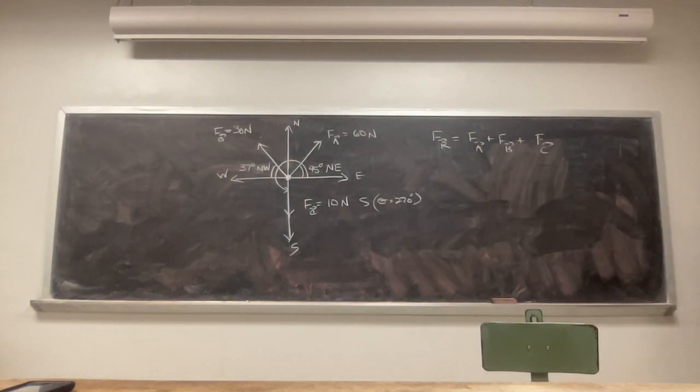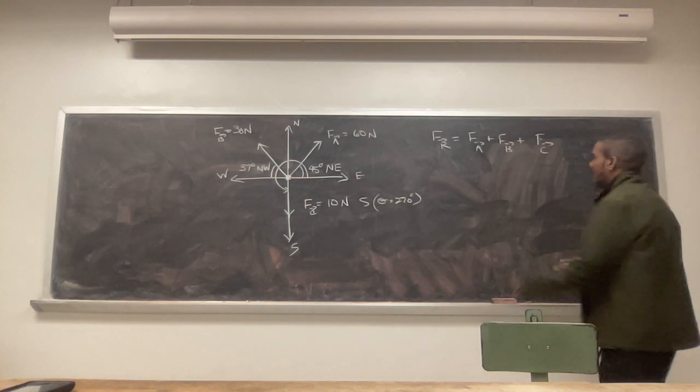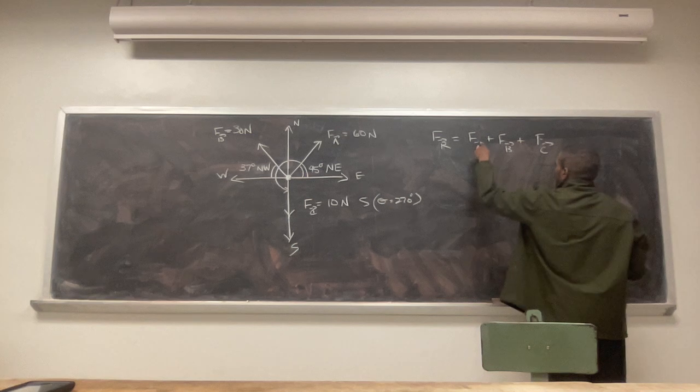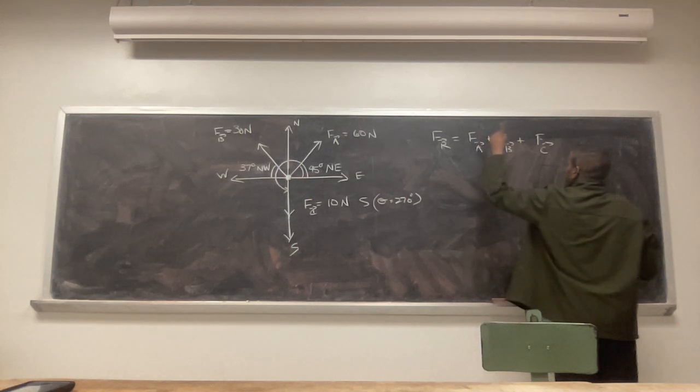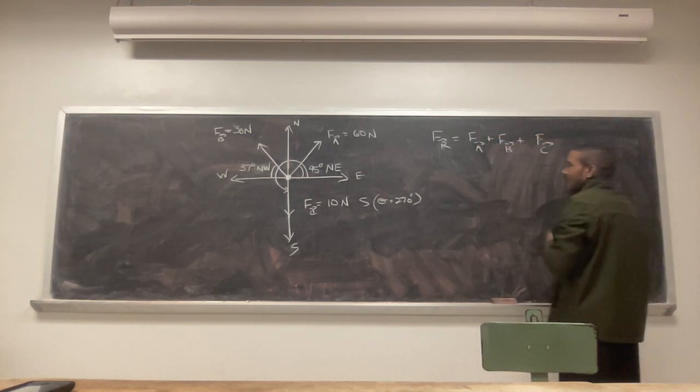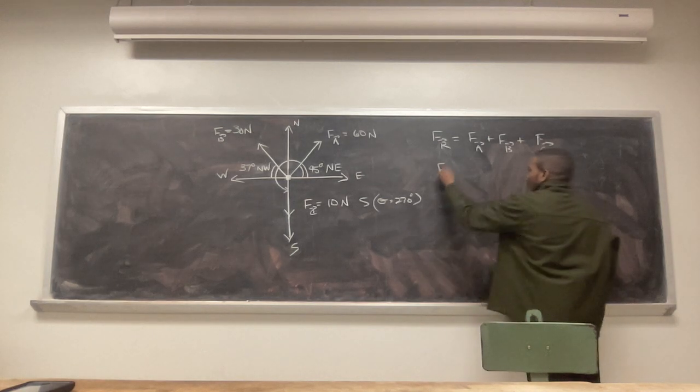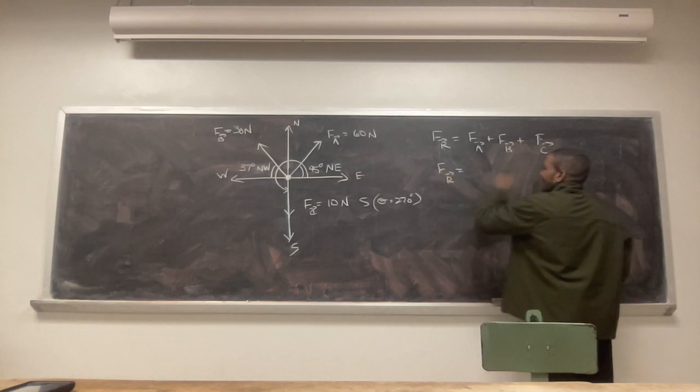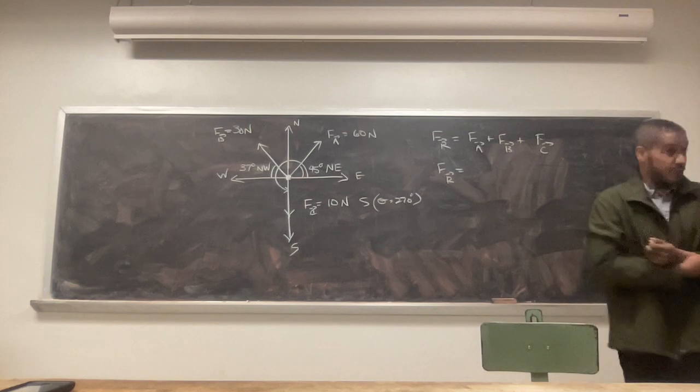All right. So we said in order to get the resultant force, we need force A plus force B plus force C. And every vector has two components.